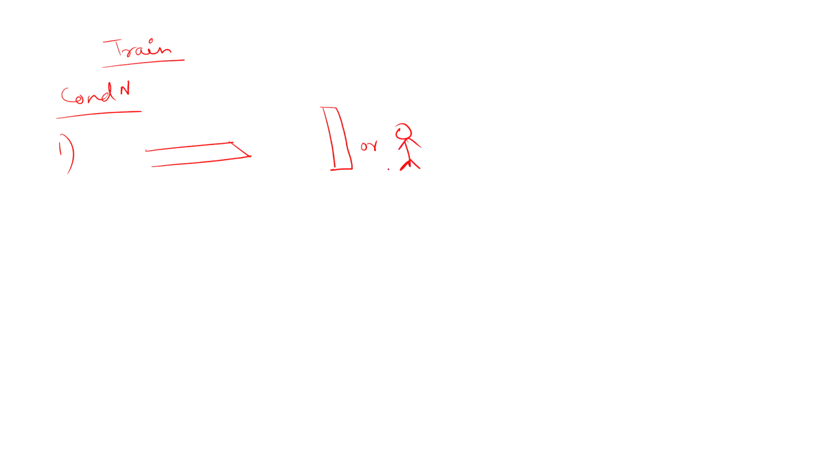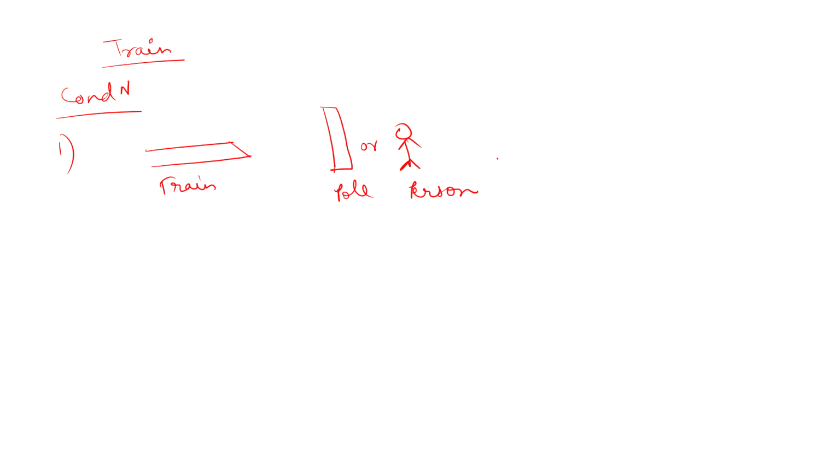Before going to train problems, there are some conditions we have to follow. First condition: we have one train and we have one pole, or a person standing. This is a train, this is a pole, or this is a person.